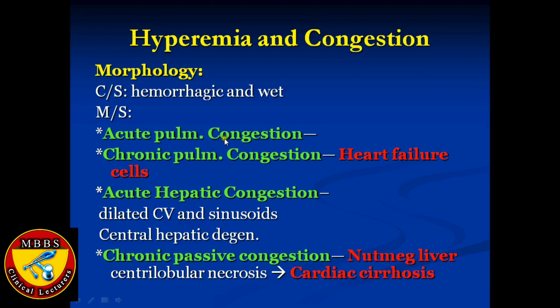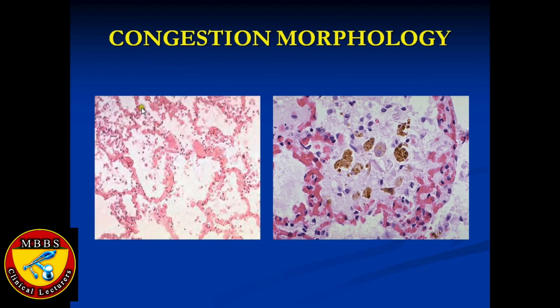In cases of acute pulmonary congestion, what do you expect to find? Obviously, there is an increased amount of blood in the arterioles. And where are the arterioles present? The arterioles and the arteriolar capillaries are present in the alveolar septi. Hence, we can see that these are the capillaries in the alveolar septi, and these appear to be quite congested and increased in number.